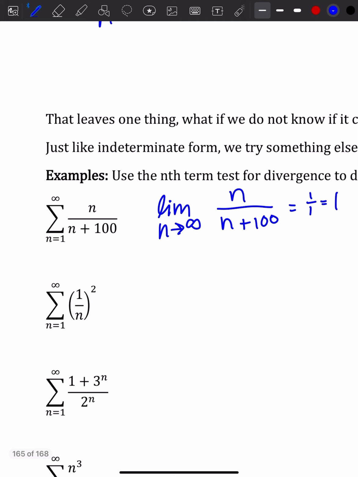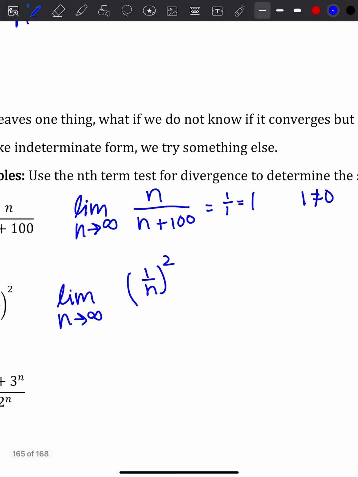Okay, now if we look here, we have the limit as n approaches infinity of 1 over n squared. One of the things that we can do here is remind ourselves that 1 over n all squared is the same thing as 1 divided by n squared.